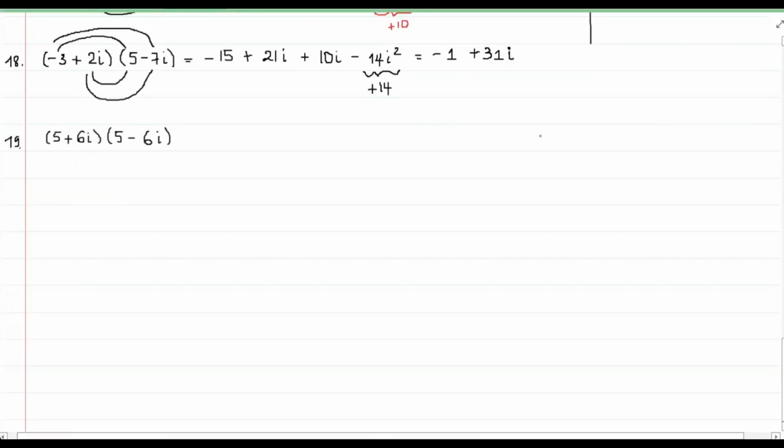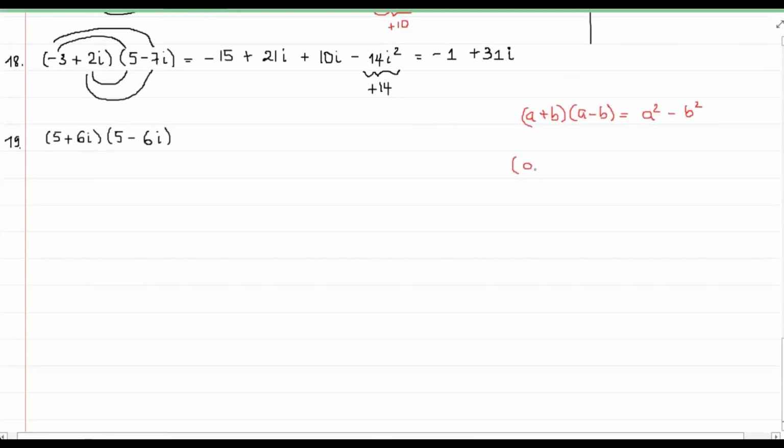Okay, remember, if we have two real numbers, a plus b times a minus b, that equals a squared minus b squared.